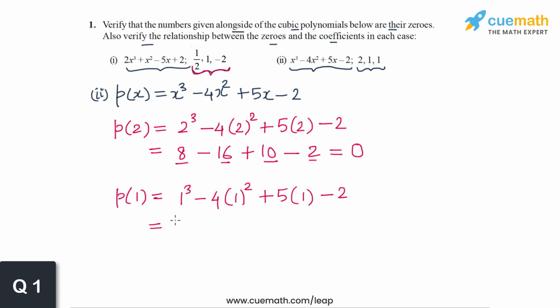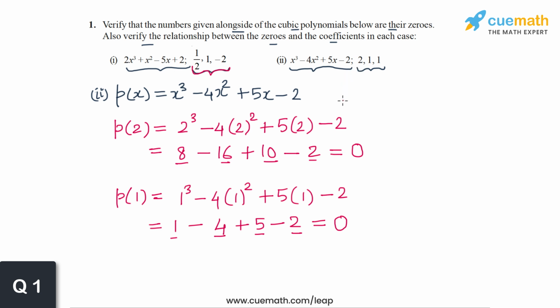So this is equal to 1 minus 4 times 1 square is 4, and then we have plus 5, and then we have minus 2. So 1 minus 4 is minus 3 plus 5 is 2, and then 2 minus 2 is 0 again. So p of 1 is 0, which means that 1 is also a 0 of px. So all the three numbers are zeros of the polynomial.